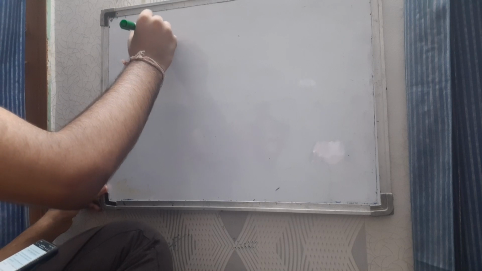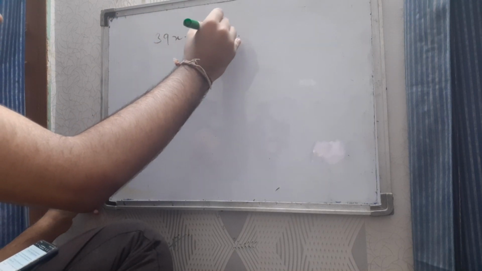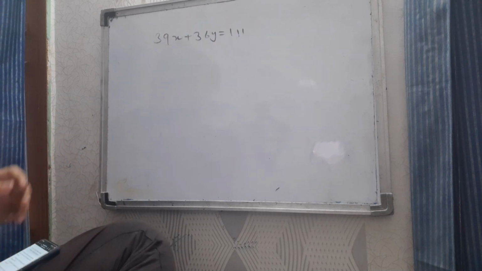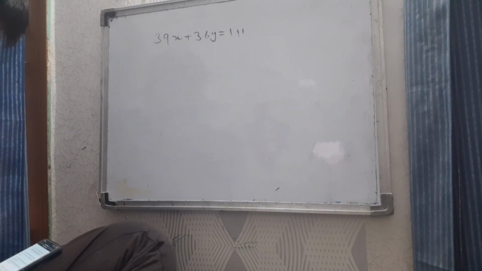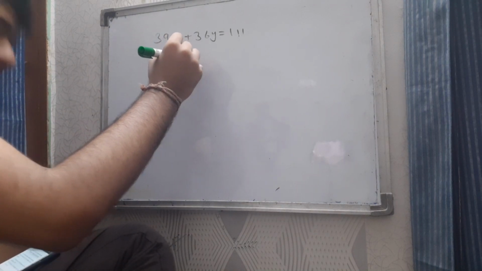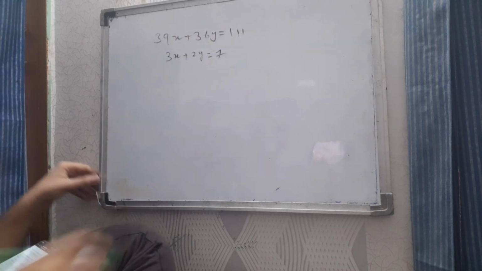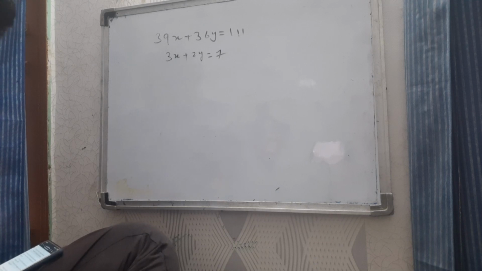So 39x plus 36y is given as 111. Okay, and the second statement is the price of 3 oranges and 2 apples is $7. We need to find the price of 13 oranges and 12 apples.